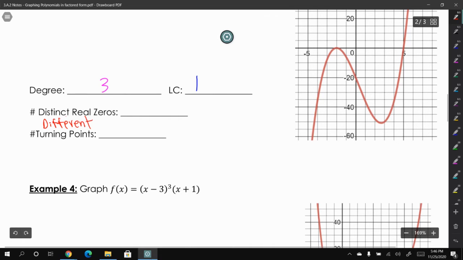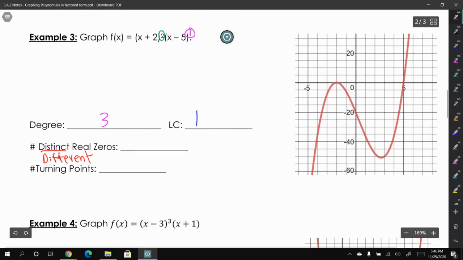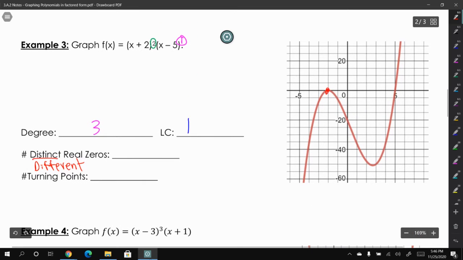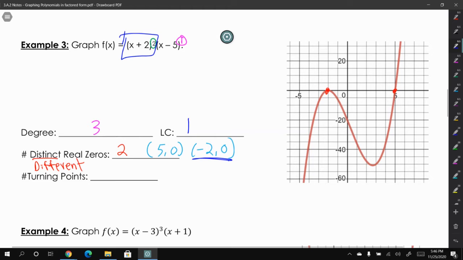How many different zeros do we have here? Well, if we look at the graph, we have 1, 2. We have 2 different zeros, and they are 5, 0 and negative 2, 0. Now, the one that is negative 2, 0, because that factor in my equation has an exponent that is not 1, it has a multiplicity, and it will have the multiplicity of that exponent.